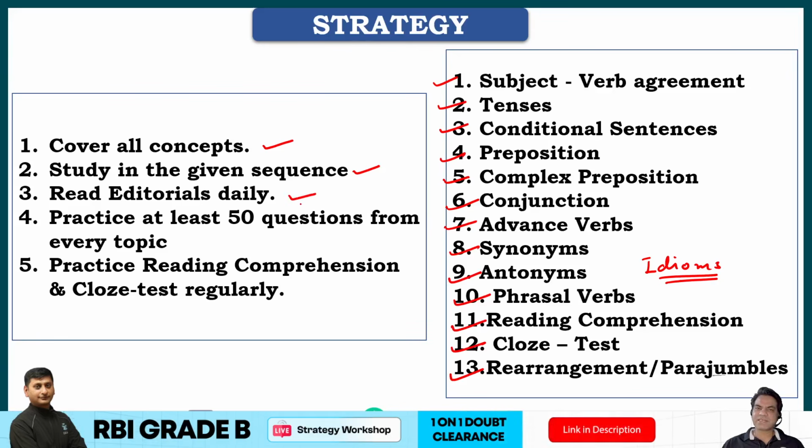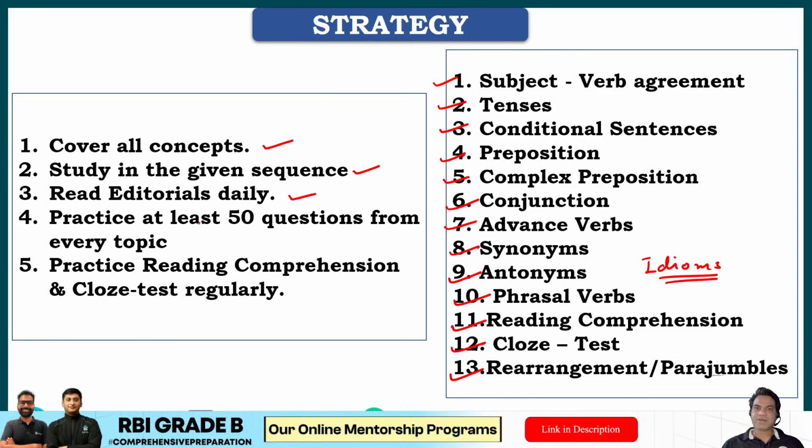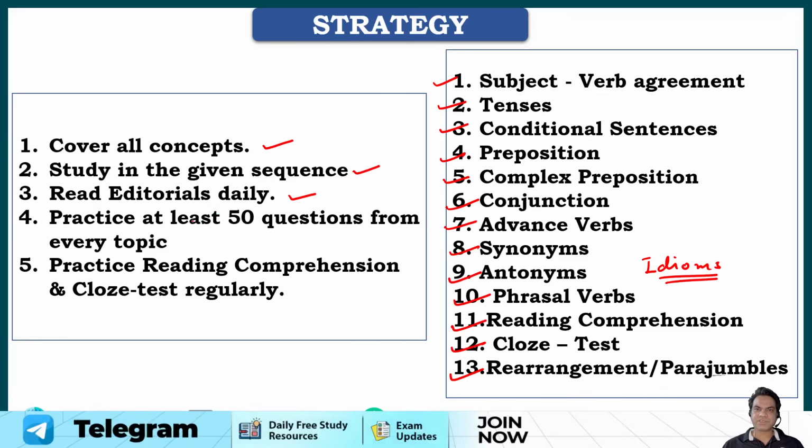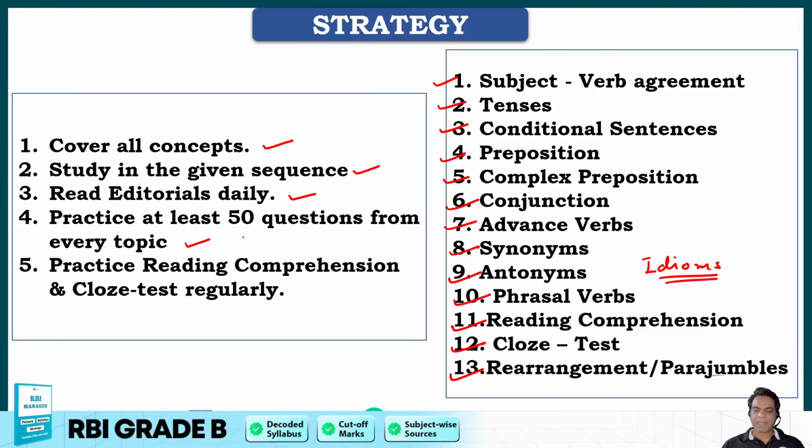Read editorials every day, guys. If you're not in the habit of reading something every day, it would be really challenging to complete the paper in time, because reading comprehension is a big passage in the exam. Then practice at least 50 questions from every topic in your grammar, right? These are important topics, but that does not mean you can skip other topics.